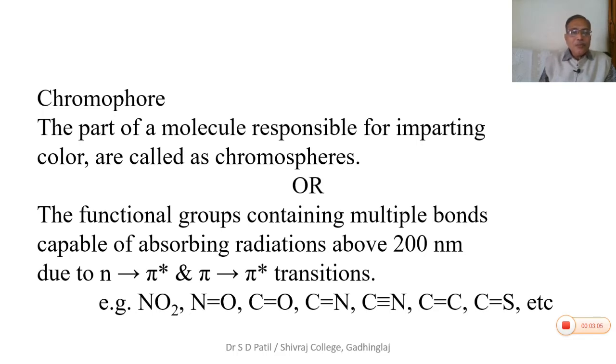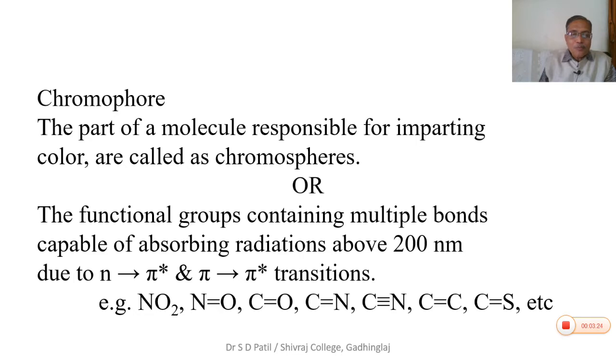In the earlier lecture we have seen the modes of excitations. In these different modes there are sigma to sigma star, pi to pi star, n to pi star, n to sigma star transitions.